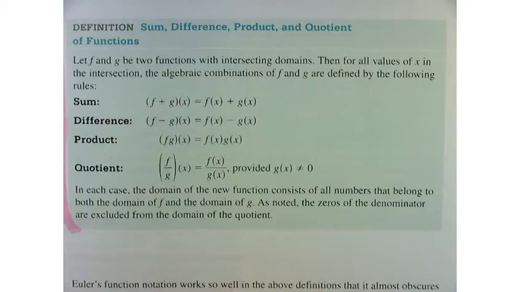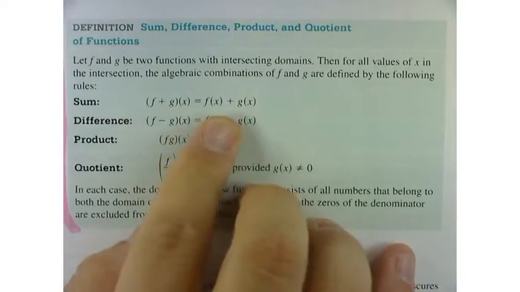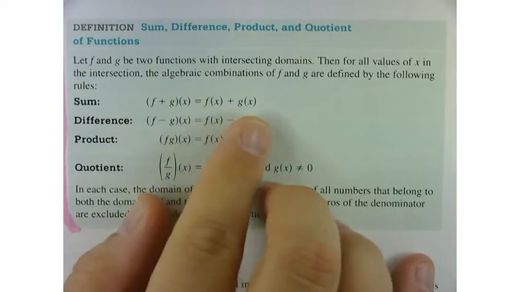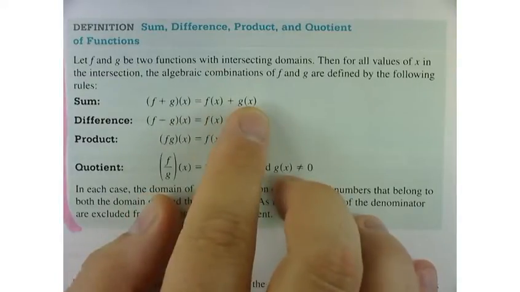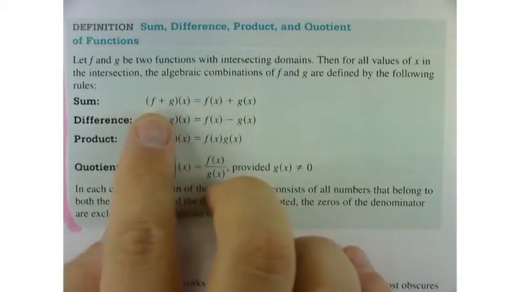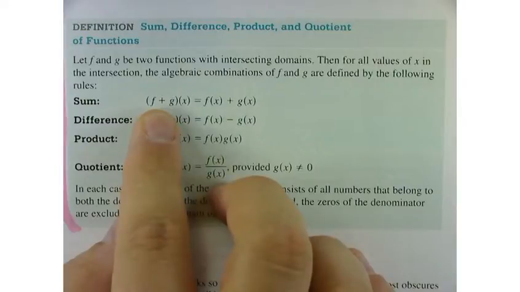So if we let f and g be two functions with intersecting domains, then for all values of x in the intersection, the algebraic combinations of g and f are defined by the following. If I have a function f of x and a function g of x, and I add the two, it's the same as adding the equations together and then plugging in the value for x.